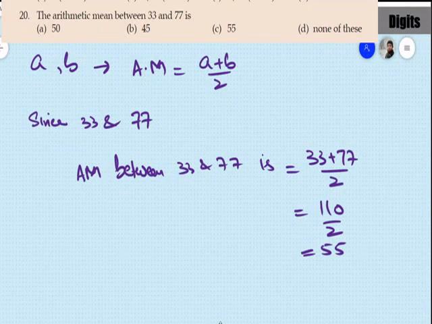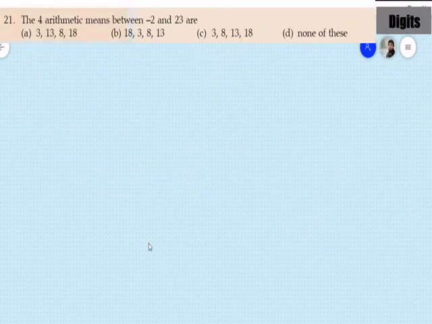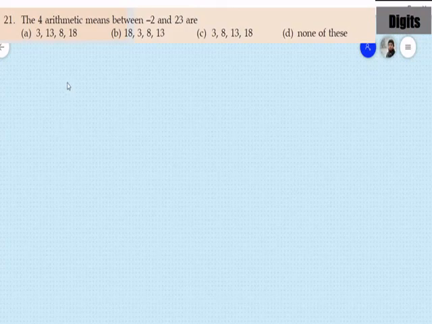Number 21. The four arithmetic means between minus 2 and 23 are. Here it is given the first term is minus 2.